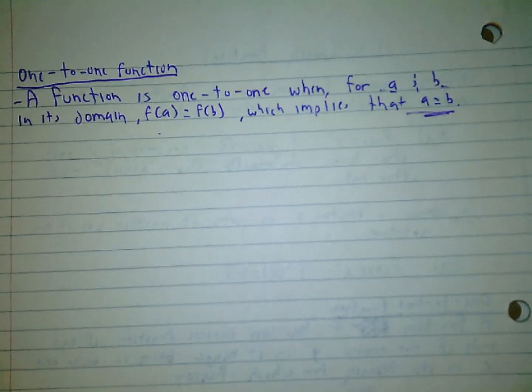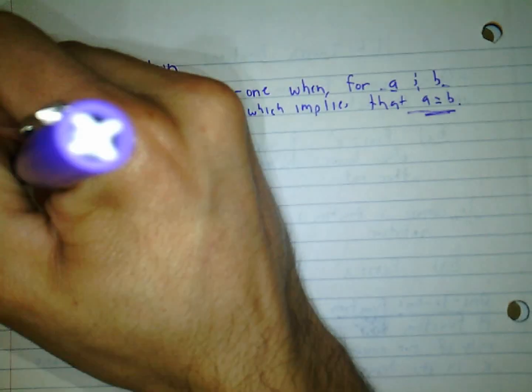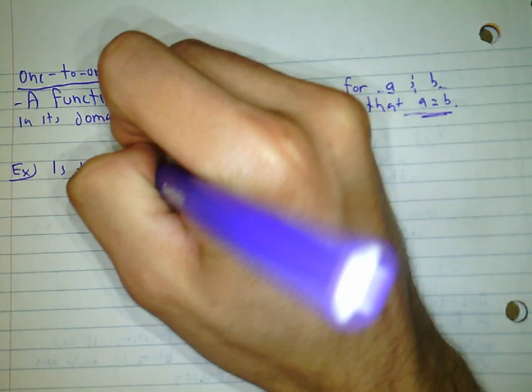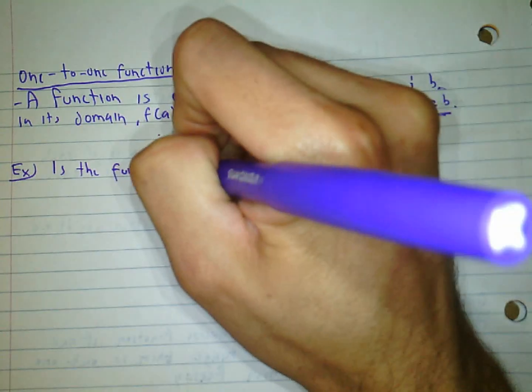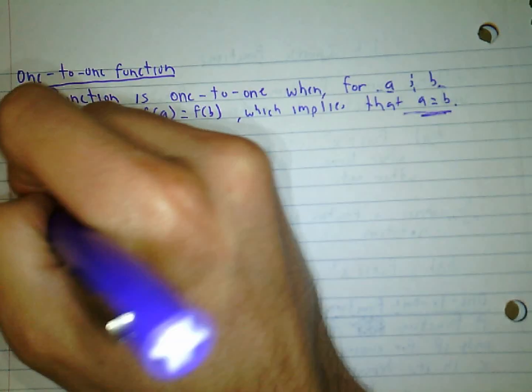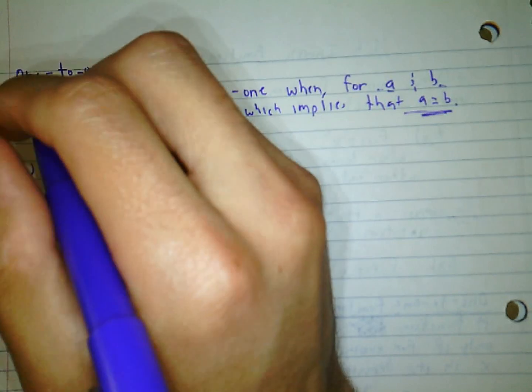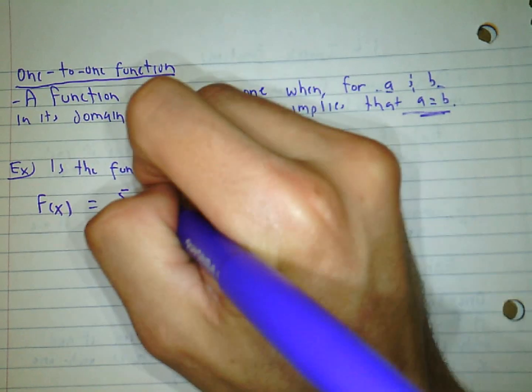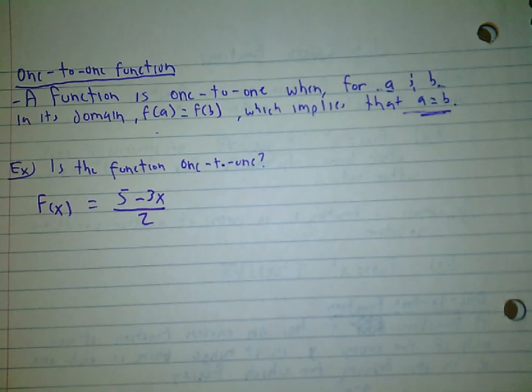So let's go ahead and give an example and try it out. Let's say, is the function below one-to-one? We've got a function, let's say f of x is equal to (5 minus 3x) over 2.